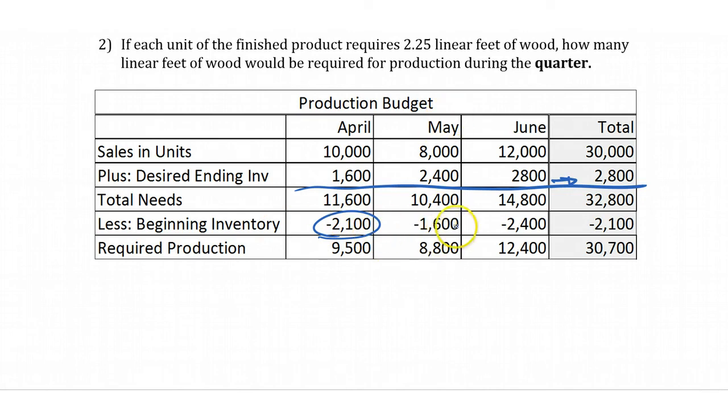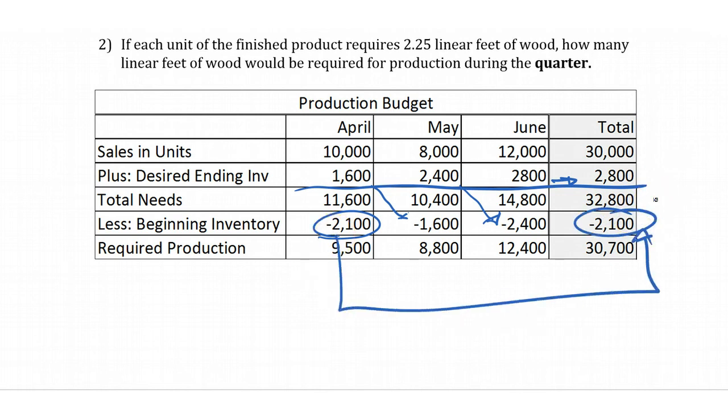May's beginning inventory is April's ending, and June's beginning inventory is May's ending. So you see what I've done there? I've just brought those numbers down. And then what's the quarter's beginning inventory? The quarter's beginning inventory is April's beginning inventory.